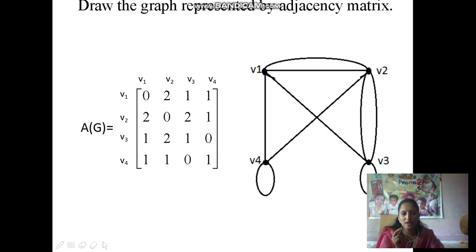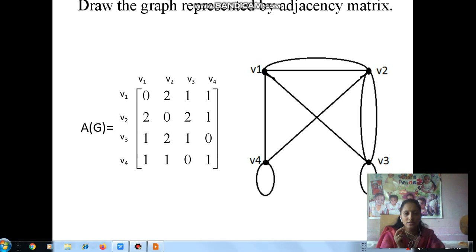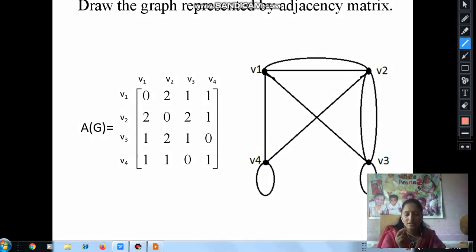How is this graph drawn? Now look at the figure and this matrix. In this matrix there is no edge between V1 and V1. Here 0 says that there is no edge between V1 and V1, so in the graph we cannot draw any self loop.